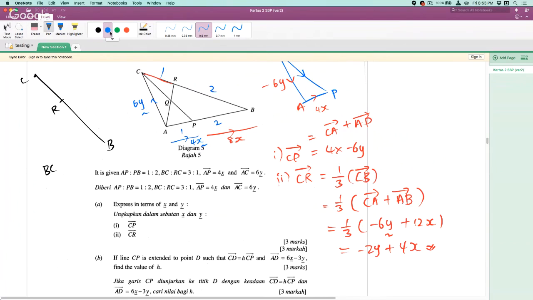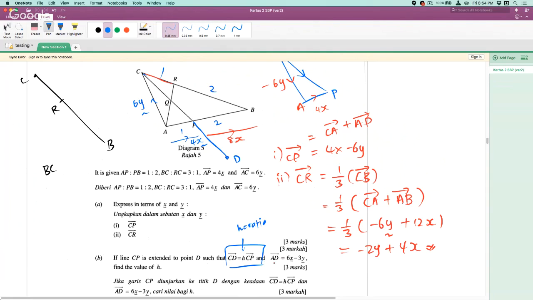The question is trying to say something like this. You're going to extend here to the point D, such that CD equals h CP. That means C to D, the ratio will be h of C to P. So h here is just a sort of ratio, you don't worry so much about h.